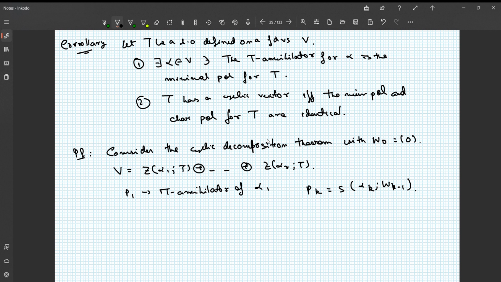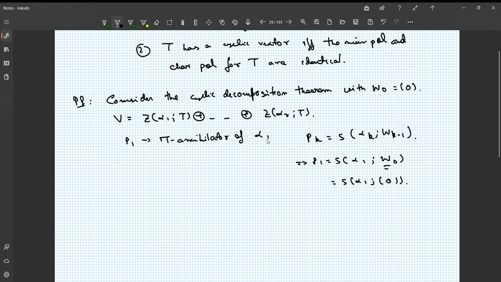So if I talk about P1, that implies P1 is the T conductor of alpha 1 into W0. What is W0? It's the zero subspace. So it's the T conductor of alpha 1 into the zero subspace, right?